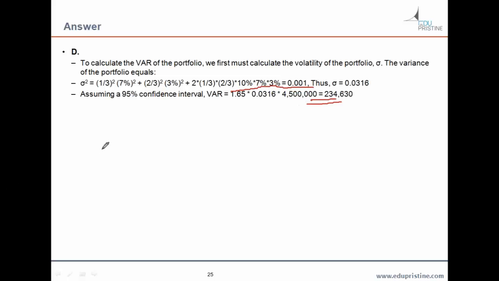But there is another way. You take out the individual VARs in the portfolio.